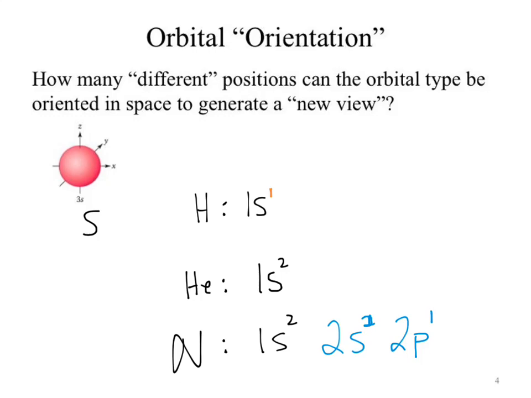How many electrons can fit in an orbital? 2. Why is that a problem? If I can only put 2 electrons into the 2p orbital, I can't get to nitrogen without moving to a new energy level. This is where the orientation comes into play.